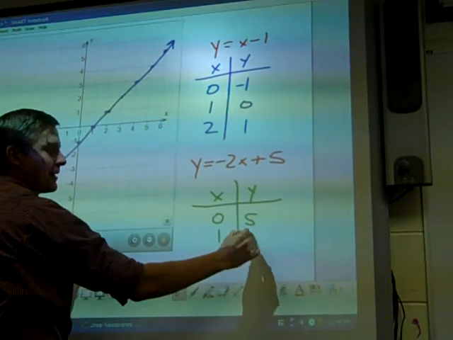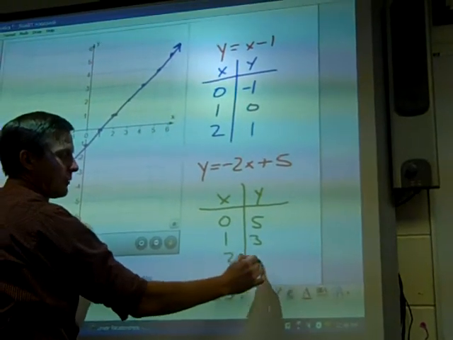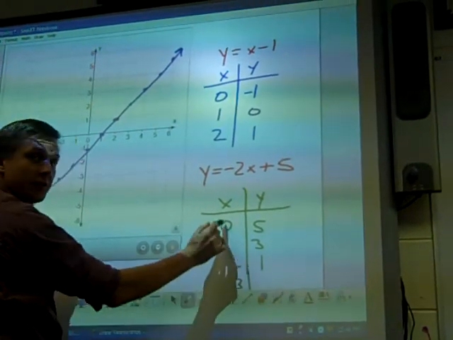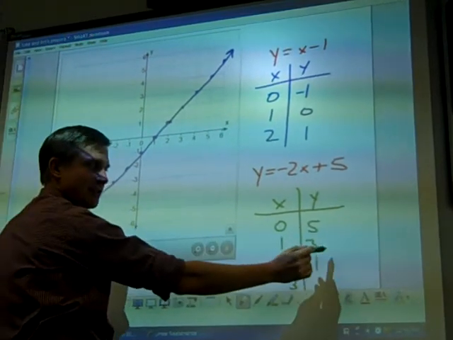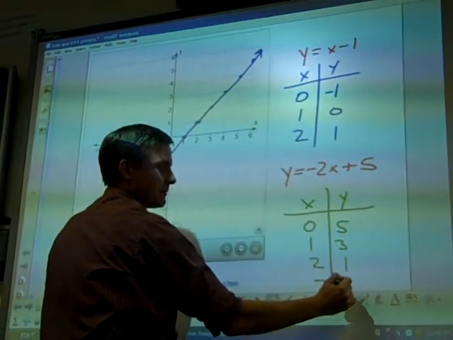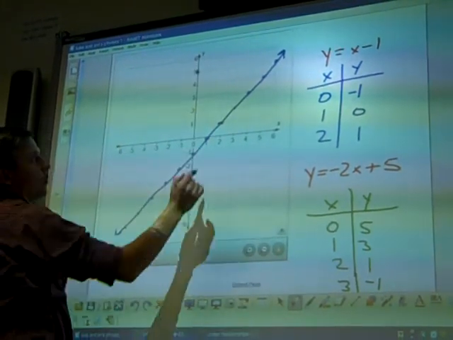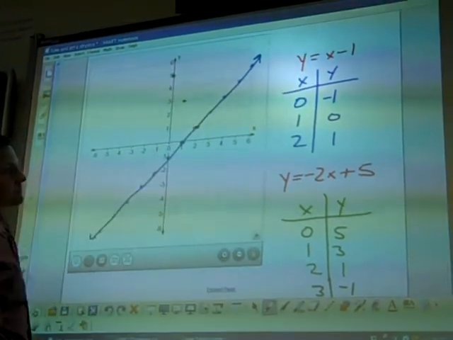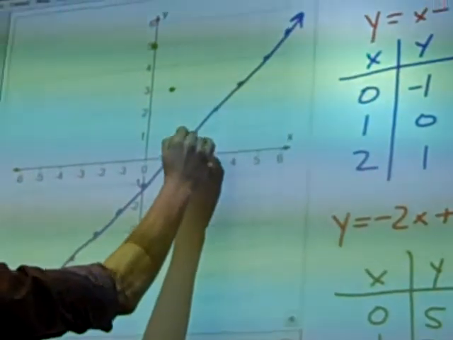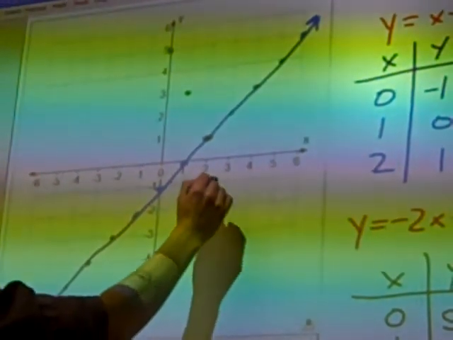Plug in 1, I get 3. Plug in 2, I get 1. Here the pattern is I increase 1, the other one decreases 2. So here we go, (0, 5), (1, 3), (2, 1), (3, -1).